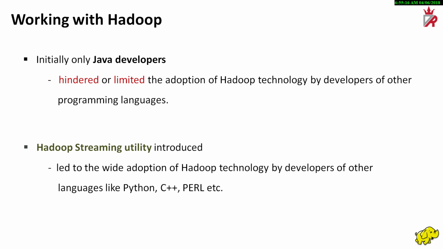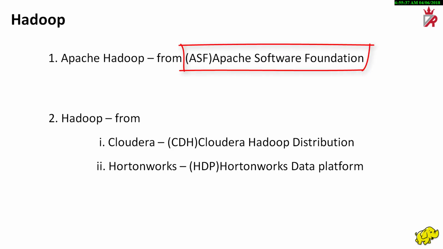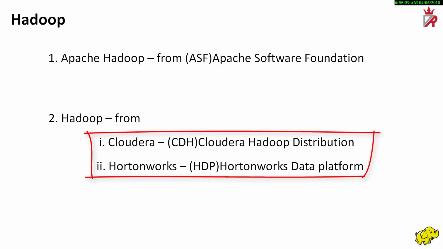Two important releases of Apache Hadoop are Hadoop 1.x and Hadoop 2.x. Hadoop is available from either the Apache Software Foundation or from companies that offer their own Hadoop distributions. Only products that are available directly from the Apache Software Foundation can be called Hadoop releases.